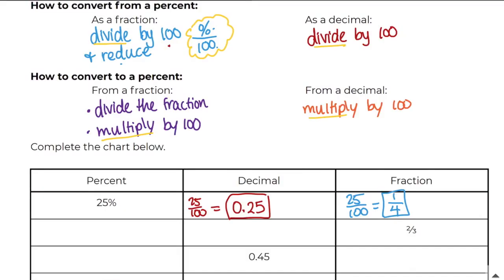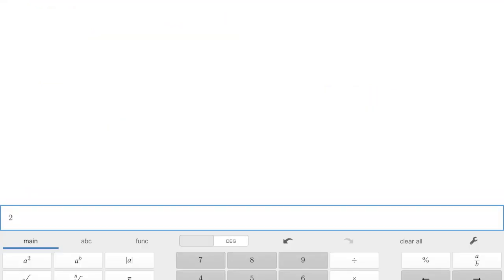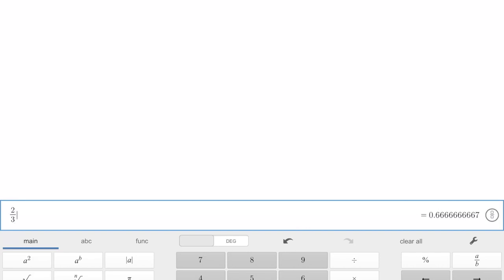Now for our next one, we're given our answer as a fraction. To convert from a fraction, we would divide the fraction and then multiply by 100. So I would divide 2 by 3, and then multiply my answer by 100. I get 66.66666 repeating.